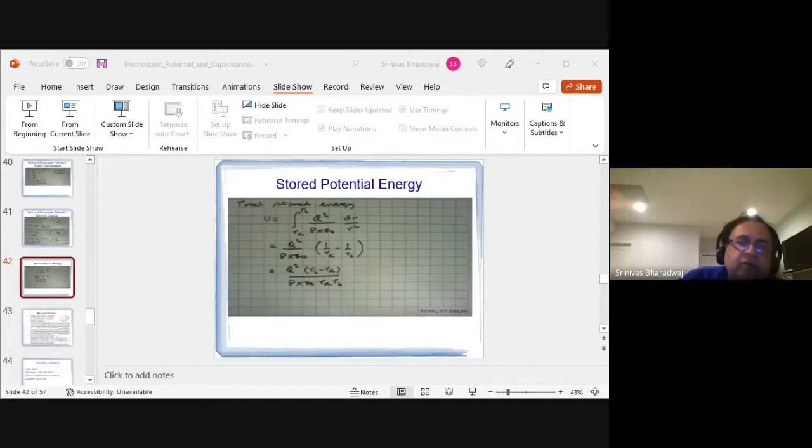The A is the same. The D for one is D by 3, for the other is 2D by 3. So C1 is epsilon A by D, that is C times K1 by 1 by 3. K1 is 3, so 3 divided by 1 by 3 becomes 9 times C.